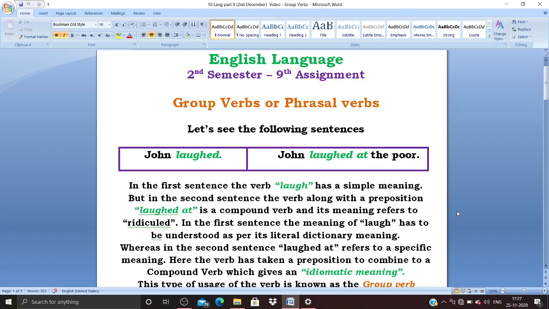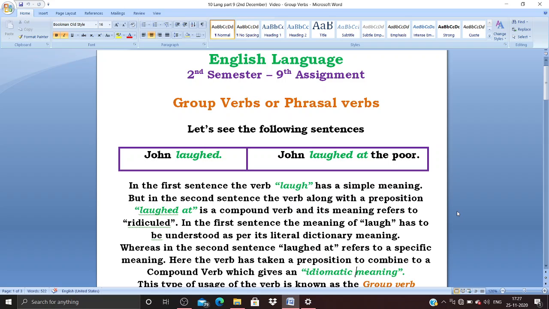In the first sentence, the verb laugh has a simple meaning. But in the second sentence, the verb along with the preposition, laughed at, is a compound verb, and its meaning refers to ridiculed, not the action of laughing. The meaning of laugh changed here. Laughed at meant ridiculed.